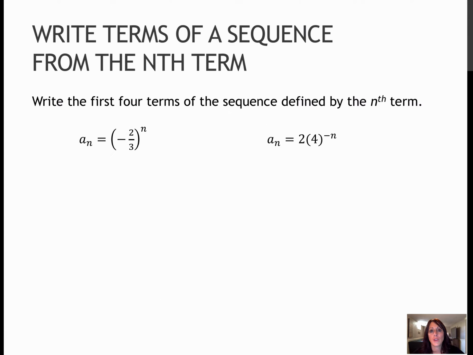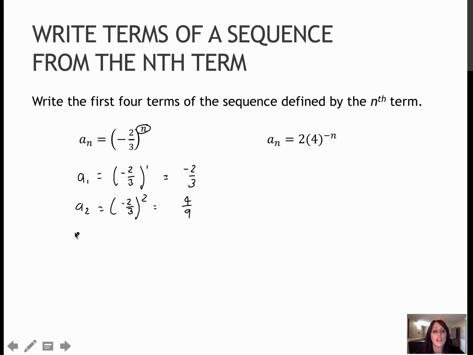Here are a couple more for us to try. These are a little bit different because, as you can see, the n is now an exponent as opposed to being multiplied or added. So a sub 1 would be negative 2/3 to the first, which would be negative 2/3. A sub 2 would be negative 2/3 squared. And remember, when you square a quotient, you're squaring the numerator and the denominator, so that's 4/9.